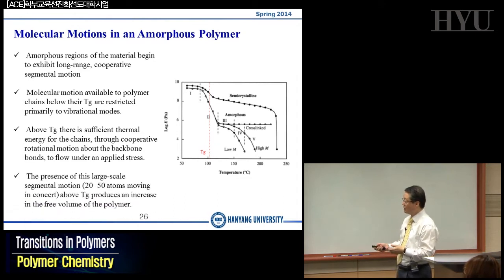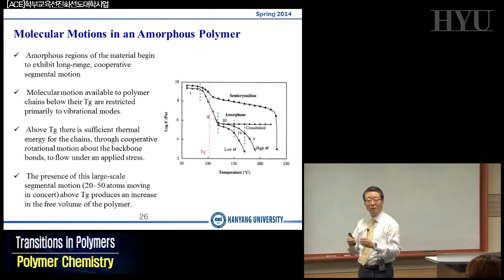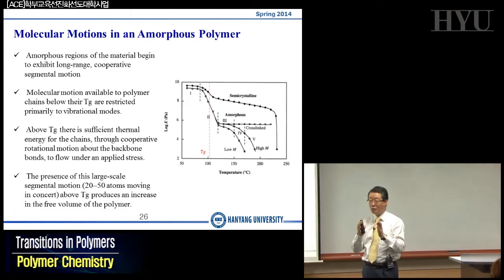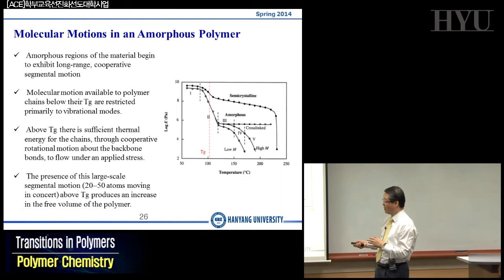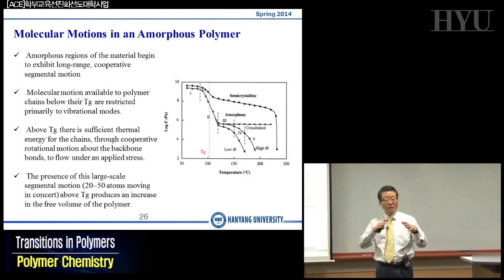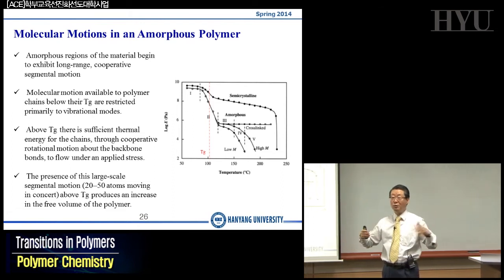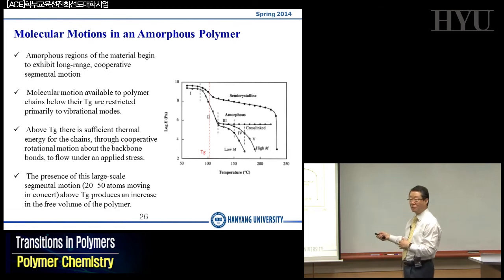So above the glass transition temperature, you can detect the short-range interactions, meaning that your segments will be moving enormously. Therefore, you increase the free volume and decrease the modulus.